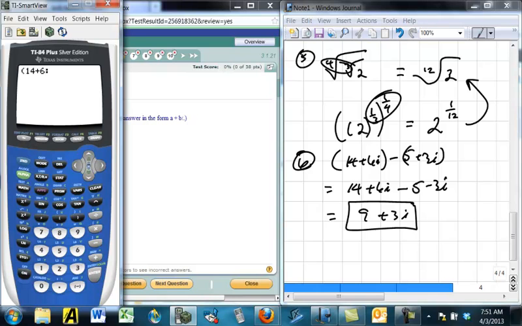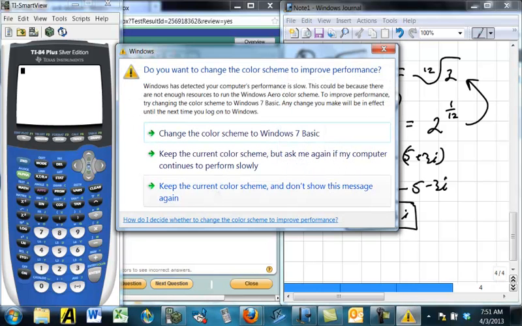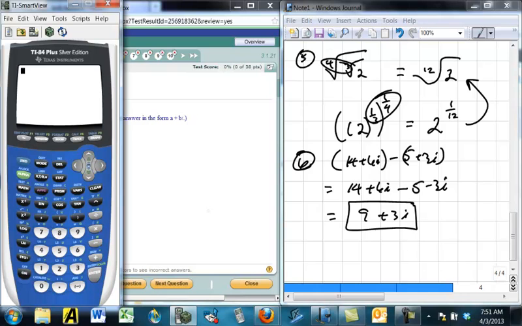It should be right here on the keyboard somewhere. I just don't see it. Yeah, there it is. It's just hard for me to read this keyboard.